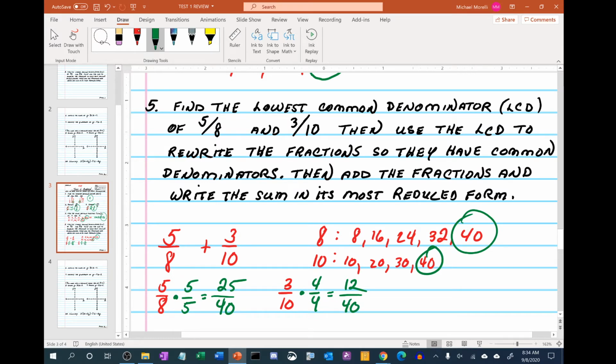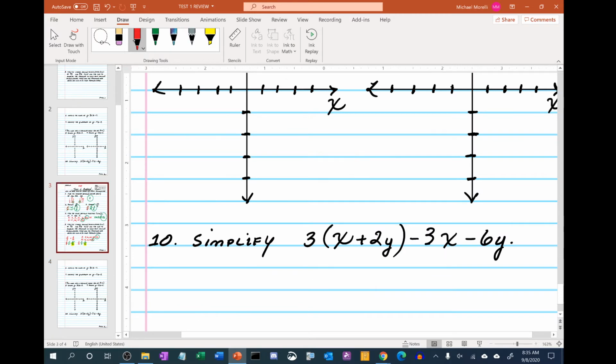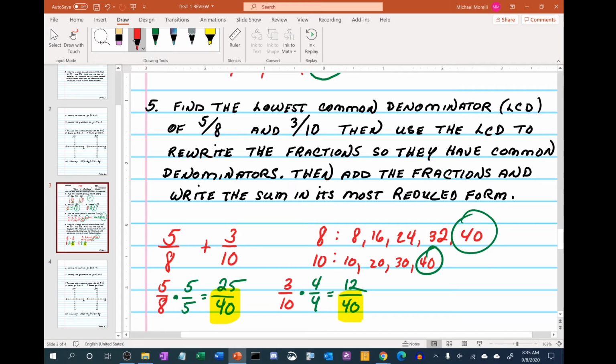Now you can add them because you have common denominators. You have to have common denominators. So now we can say 25 over 40 plus 12 over 40. 25 plus 12 is 37 over 40.